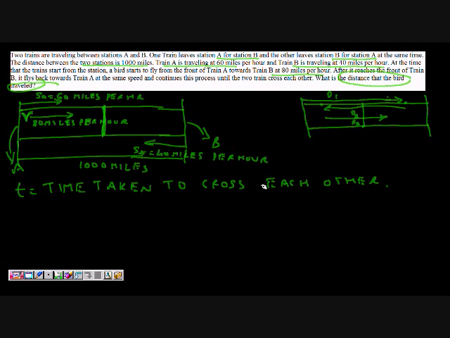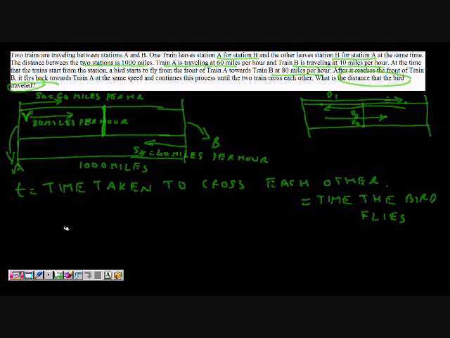So the time taken by the trains to cross each other should be the same as the time the bird flies between those two trains. The two times should be the same.